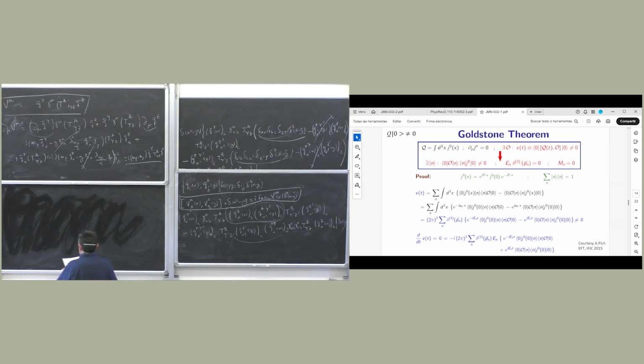Okay, so the thing is that we have a charge. We have a charge that does not annihilate the vacuum. Okay? We have a charge that does not annihilate the vacuum.